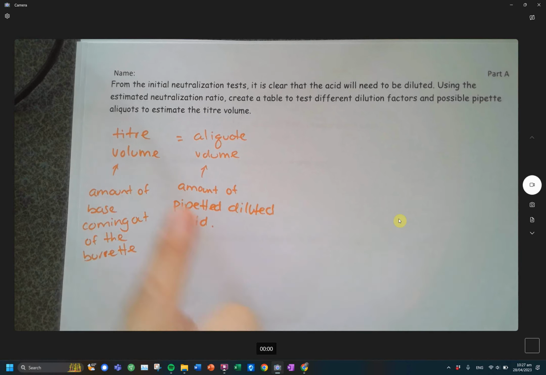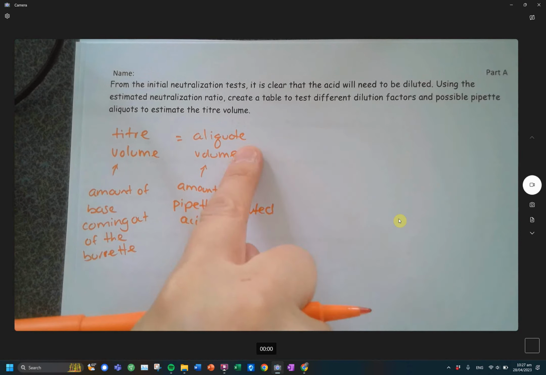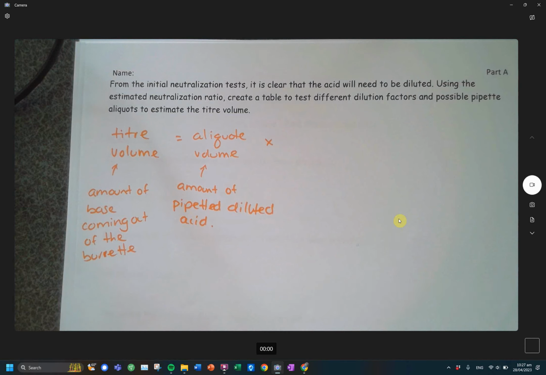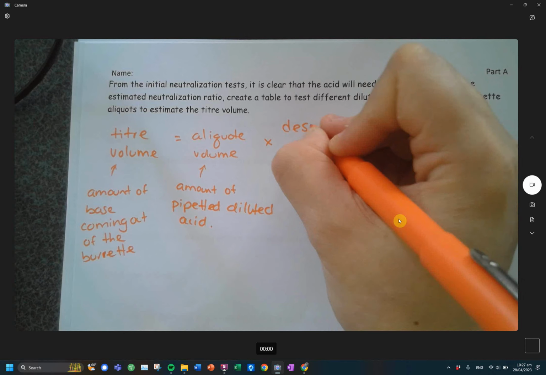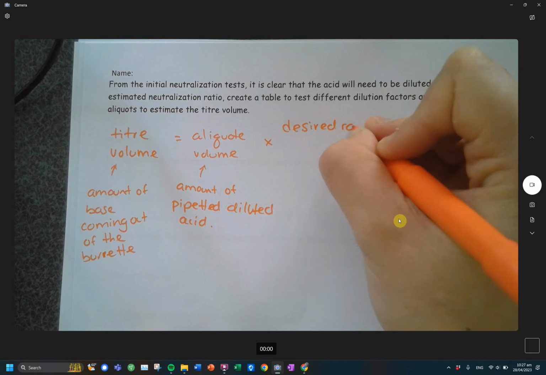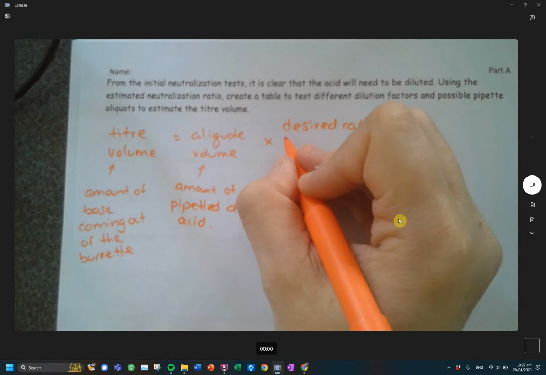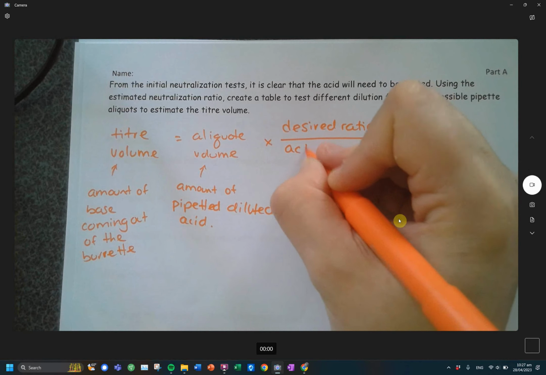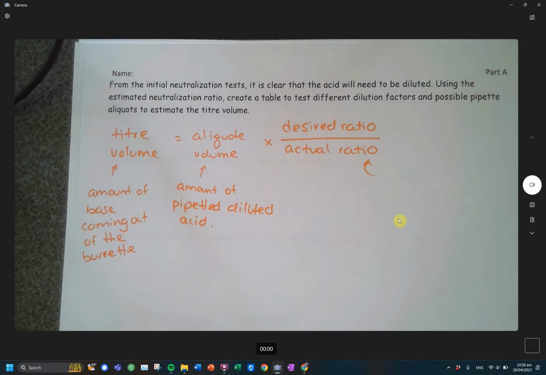Okay. So titrate volume is going to be equal to whatever aliquot volume I use, and I multiply that by the desired ratio. So that's what we found on the last page, and we divide it by the actual ratio. So the actual ratio is what you found experimentally.